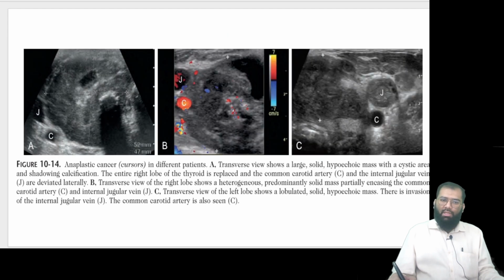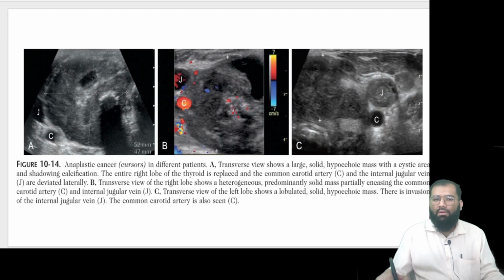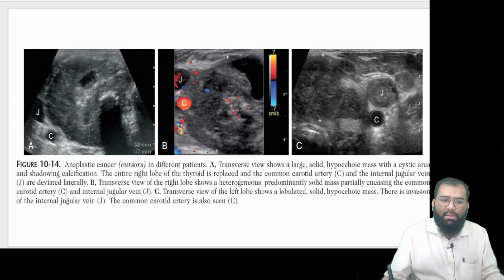Now let us come to the image so that it becomes easy to understand. So here, can you see this? Let us see the image. So you are able to see a well-defined hypoechoic lobulated mass lesion in the right lobe of thyroid, and you see that it is having extrathyroid capsular extension, and it is almost pushing the carotid and IJV laterally. You can see them.